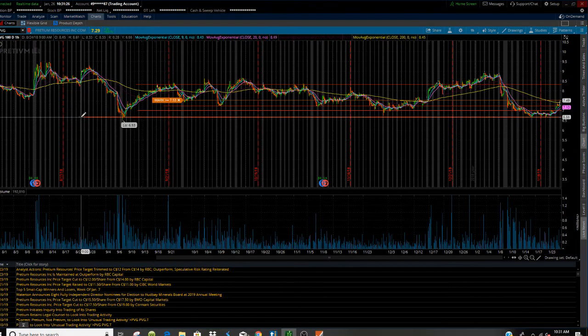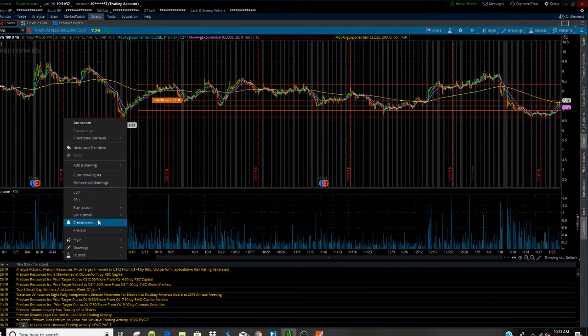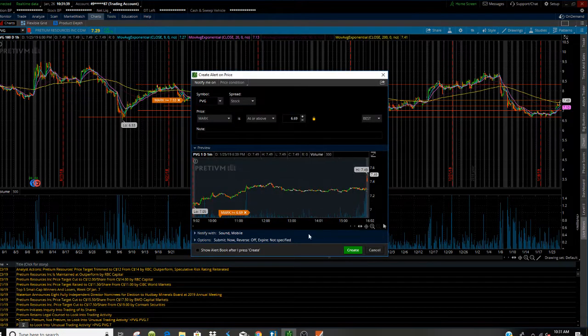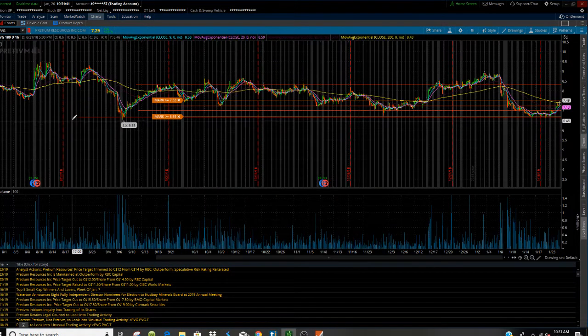So looking at it, it did tap this previous support line right here. So we could actually set another alert right here just so we get notified again. Now if this stock comes across this 6.69 mark, because that is a very, very strong support line, we'll get pushed back up.